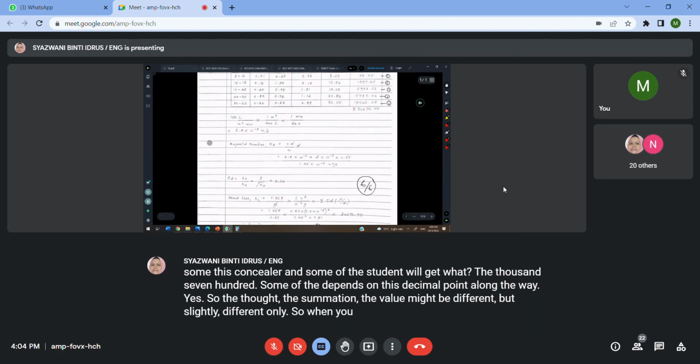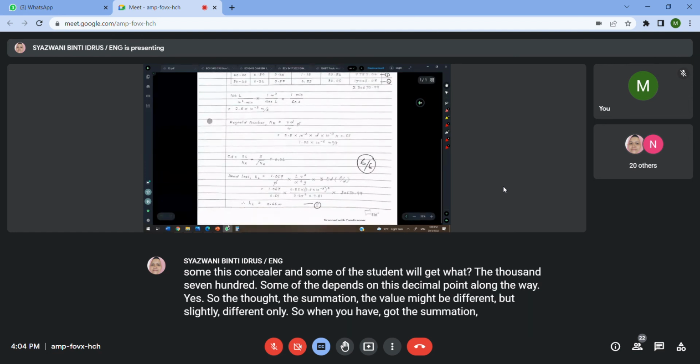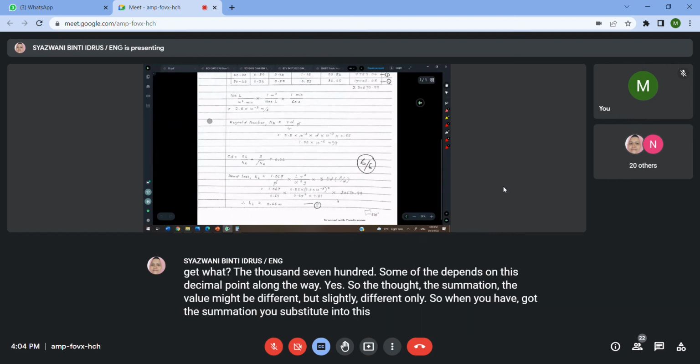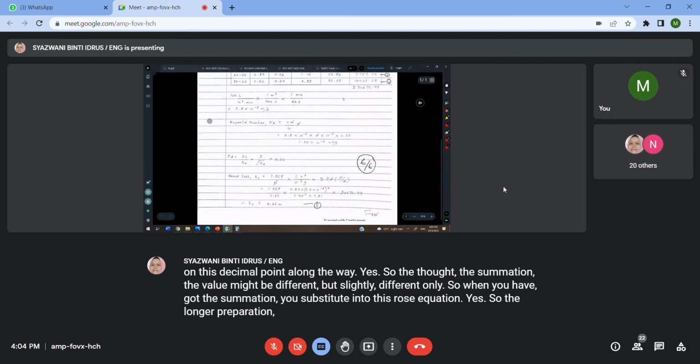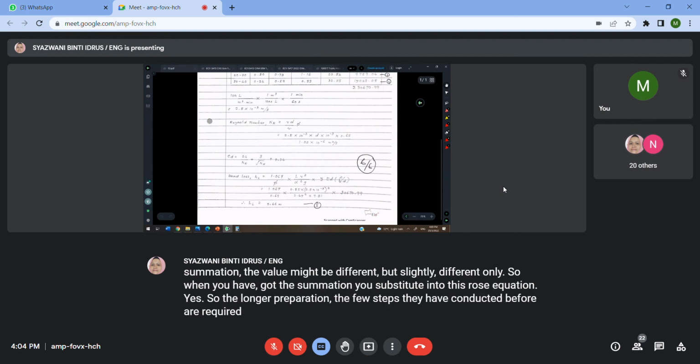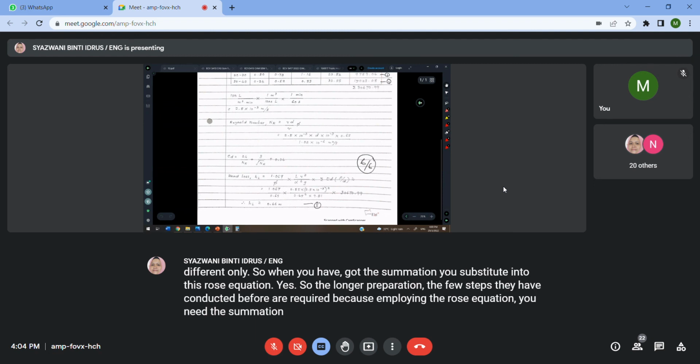When you have the summation, you substitute it into the Rose equation. The longer calculation, the few steps that you conducted before, are required, because employing the Rose equation, you need the summation value included here.